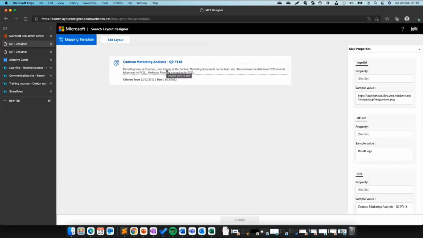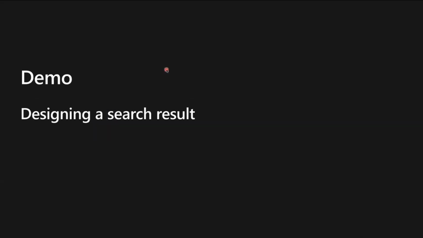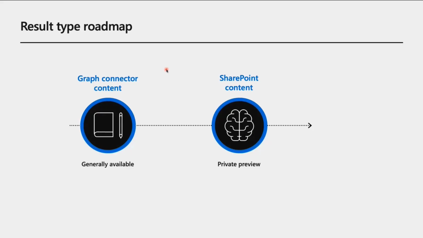So this also provides you the capability of not just choosing from the templates, but creating the search layout according to your own needs. So this was a brief demo of how you can customize your search result experience. I have another quick few slides, after which I will go for the questions.